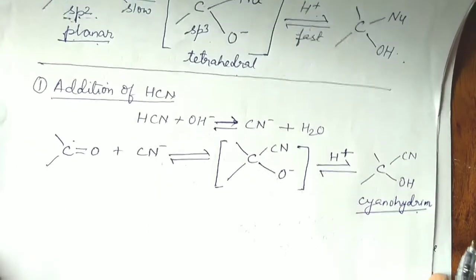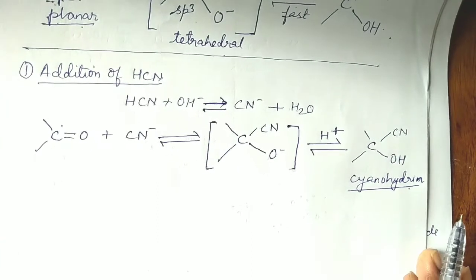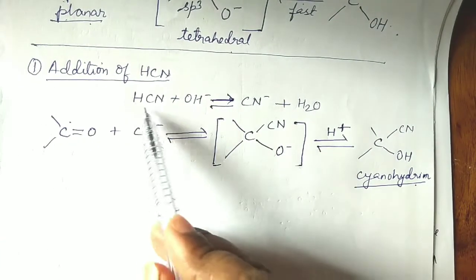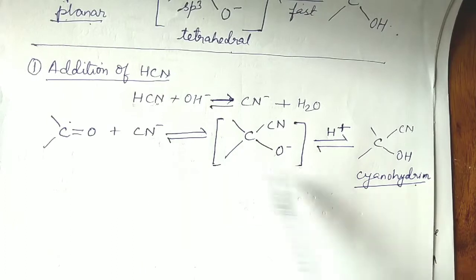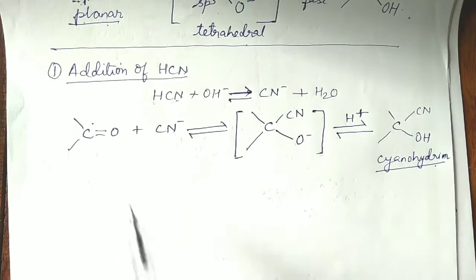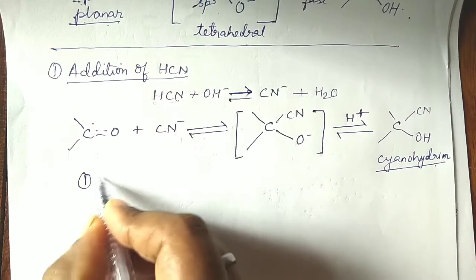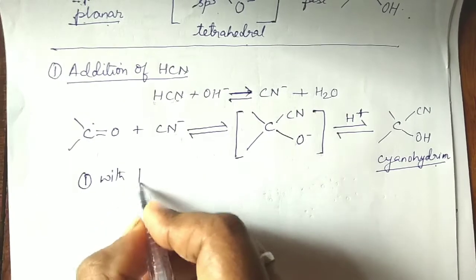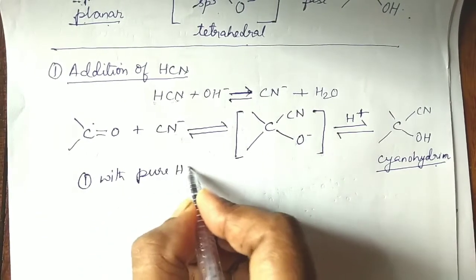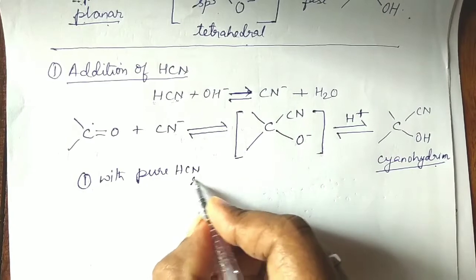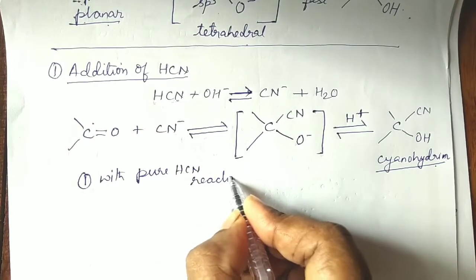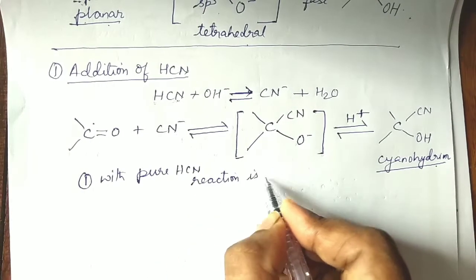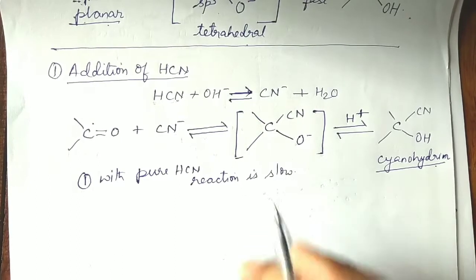Now you have to keep in mind two things. With pure HCN the reaction is very slow. This is a very key point that you must remember. So how to increase the speed of the reaction?